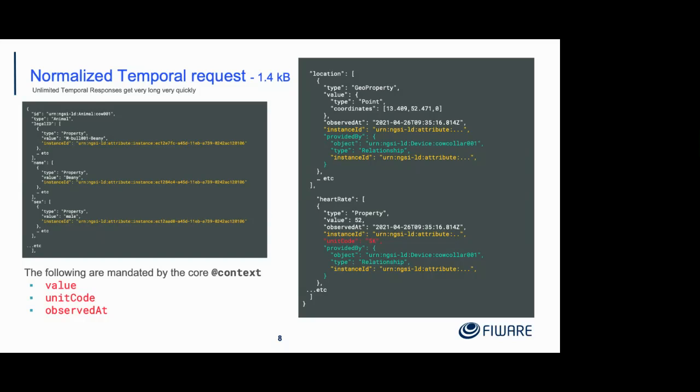Obviously, when you're talking about geo properties like the location, it is going to be unitless because it's already defined in the GeoJSON type as to what the information is about.